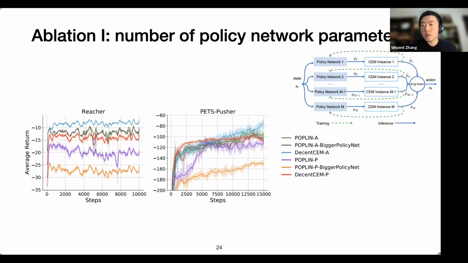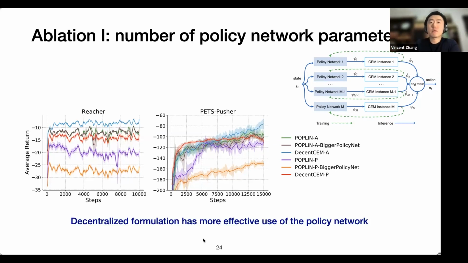As a result, you wouldn't expect to see a performance increase. In fact, that's what we saw here. If you look closely, the yellow line really underperforms the other methods, and this brown line also doesn't work so well. And so we can conclude that the decentralized formulation has more effective use of the policy net.